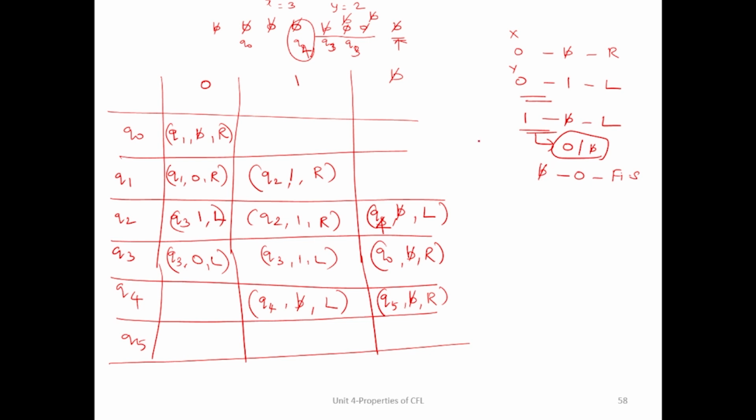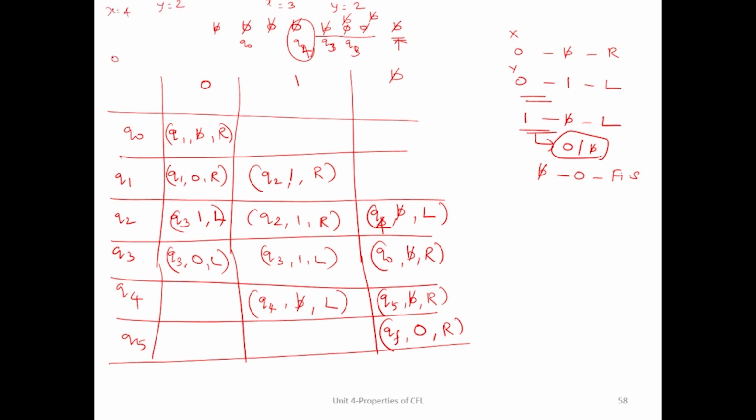So if Q4 reads a blank space, change that value to 0, go to the right direction with the accept state Q5. Is it clear? Okay.